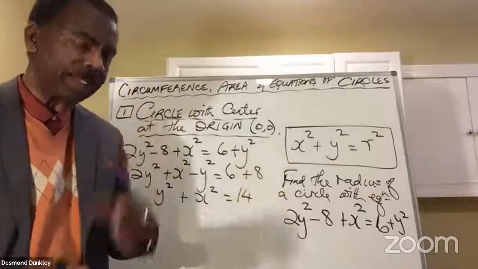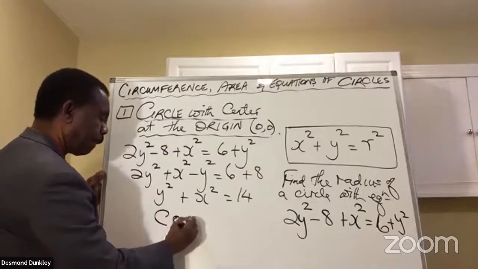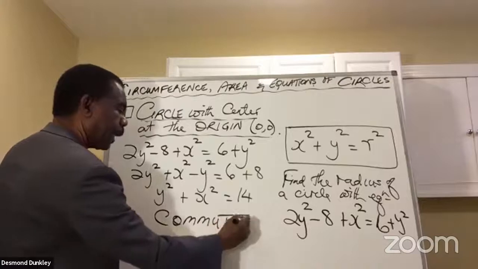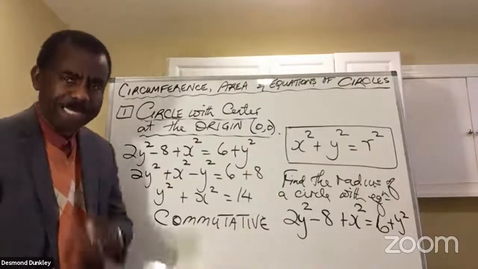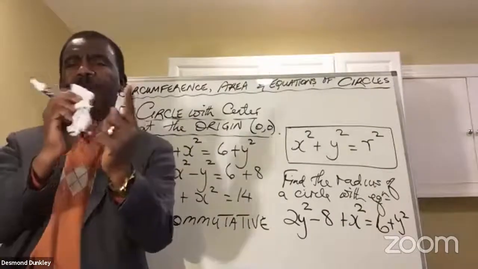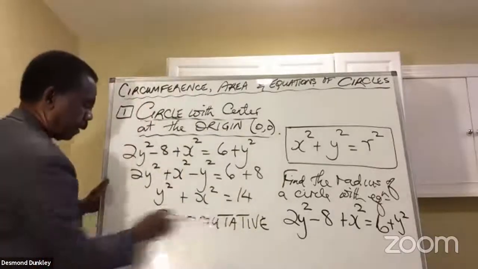That's called commutative. What is the word? The word is C-O-M-M-U-T-A-T-I-V-E. It's the commutative property of addition. Meaning that the order is not important because A plus B is the same as B plus A. That's what it means.